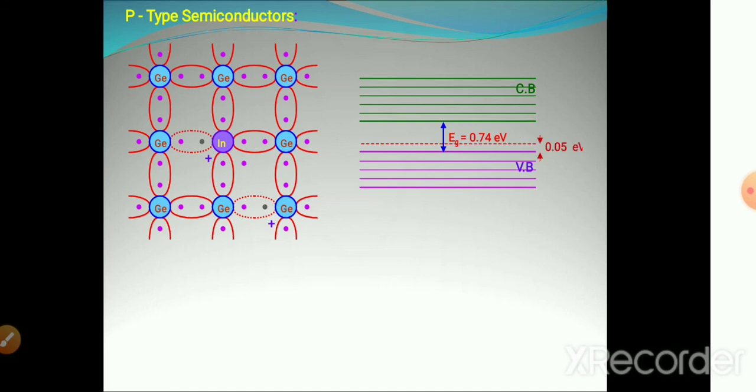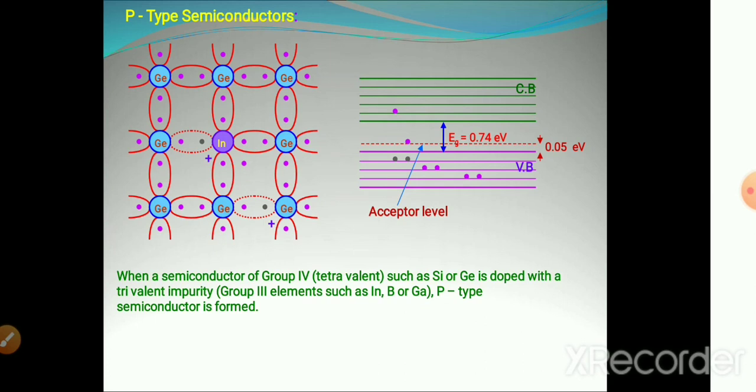So, the electrons from the valence band have a tendency to jump into holes. An energy level is created just above the valence band, where the electrons from the valence band jump to, and this level is called the acceptor level. And from here it is very easy to jump to the conduction band, and electrons also move from one hole to another.